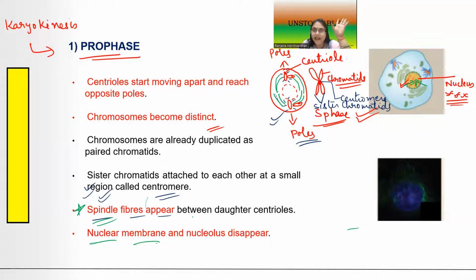In the plant cells you will not have centrioles, but even then, from outside the nuclear membrane, spindle fibers will begin to be formed and they will start migrating towards the center of the nucleus, towards the chromosomes. In spite of not having centrioles, the spindle fibers begin to appear and start moving towards the chromosomes.